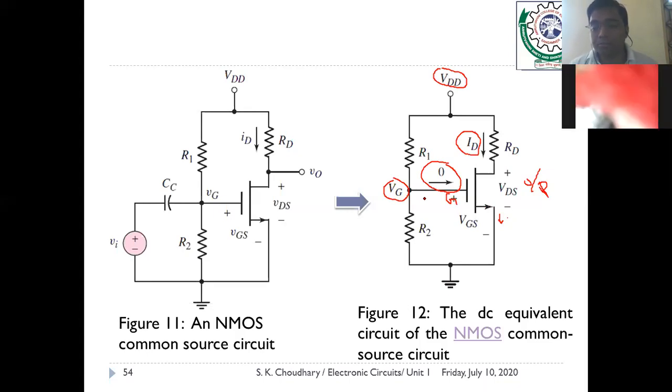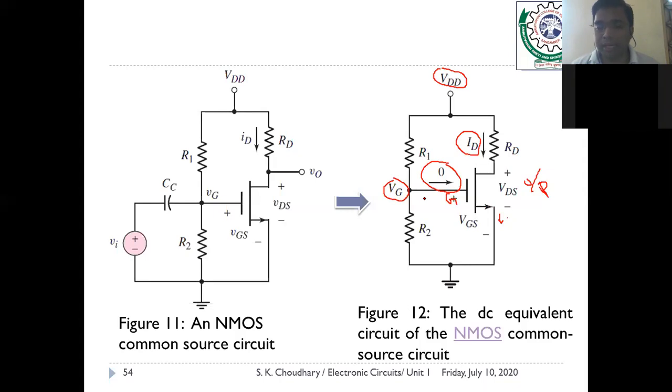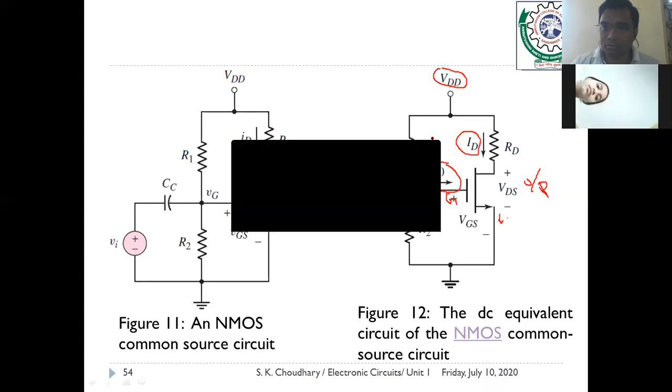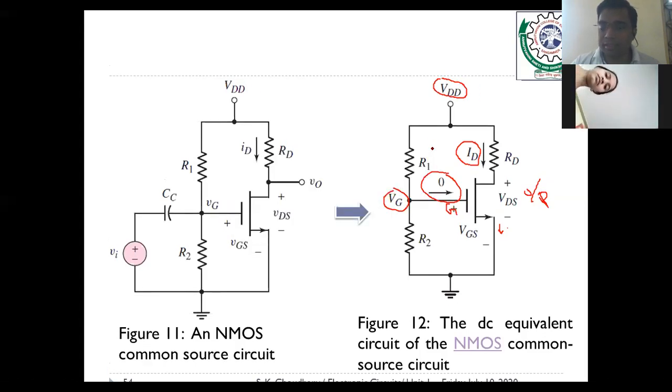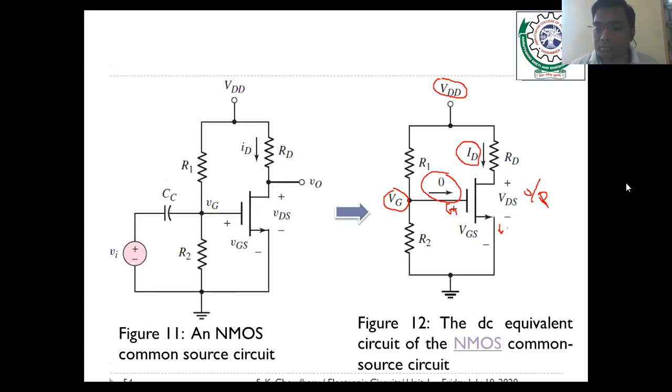Can anyone tell me why IG is zero? Because the MOSFET has a very high input impedance.